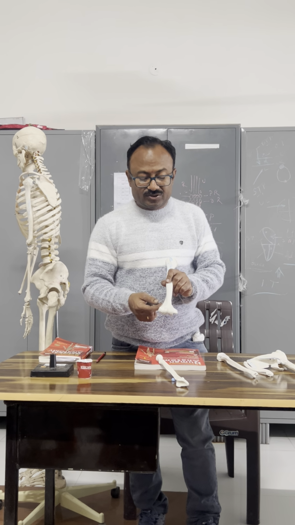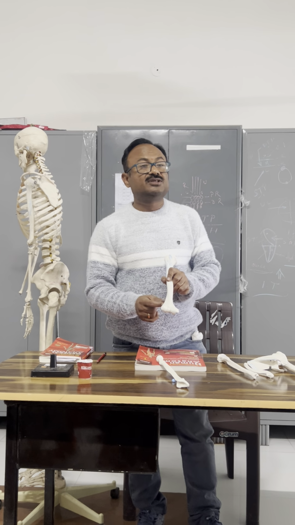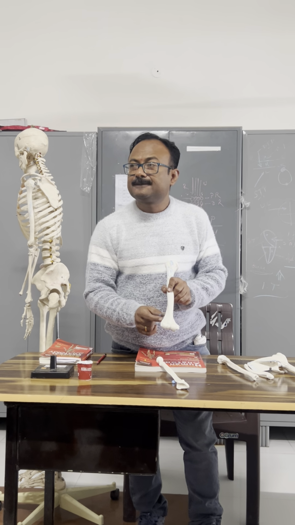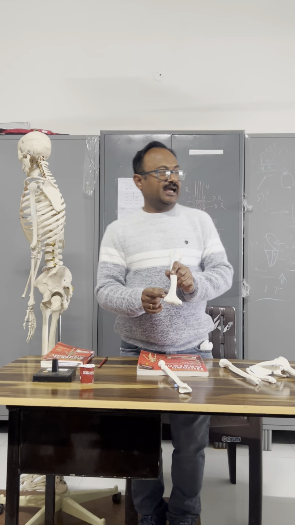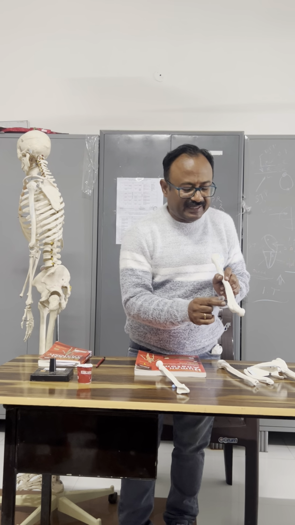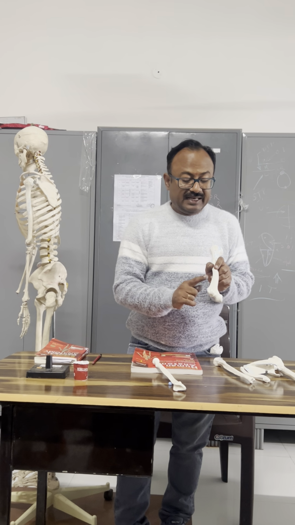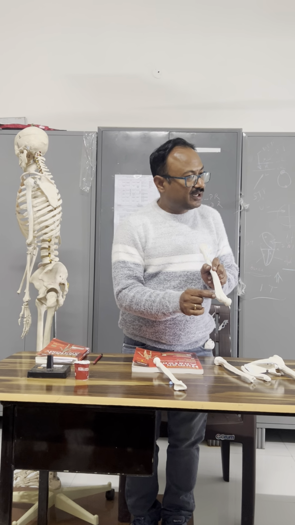Supracondylar ridges. So when we talk about the lateral supracondylar ridges, that is the origin of muscles, brachioradialis and extensor carpi radialis longus. It is divided into the upper 2/3 part and lower 1/3 part. Lateral supracondylar ridge is divided into the upper 2/3 and lower 1/3.